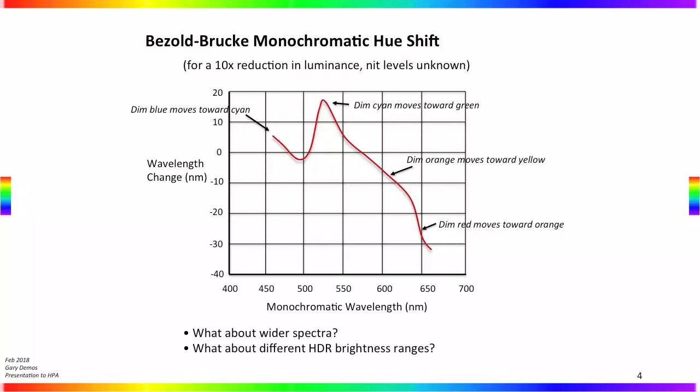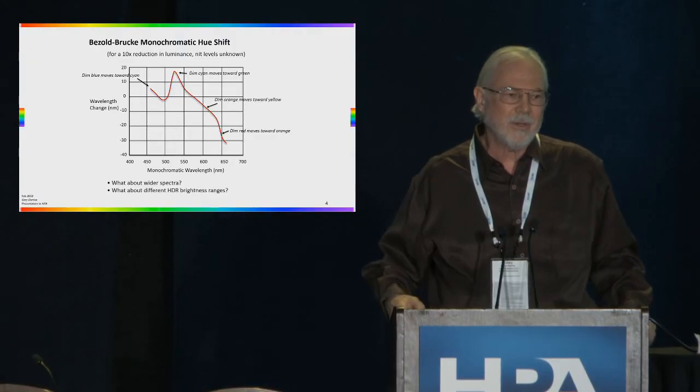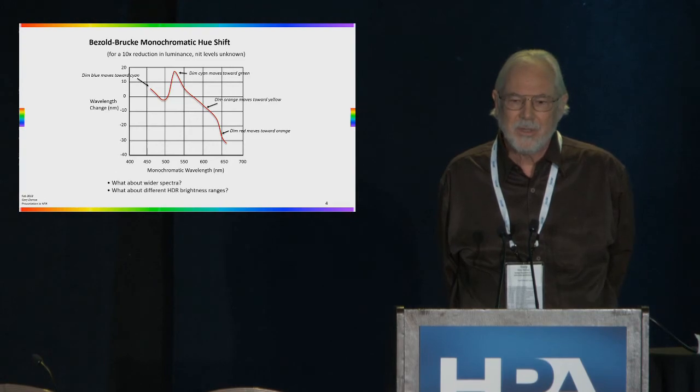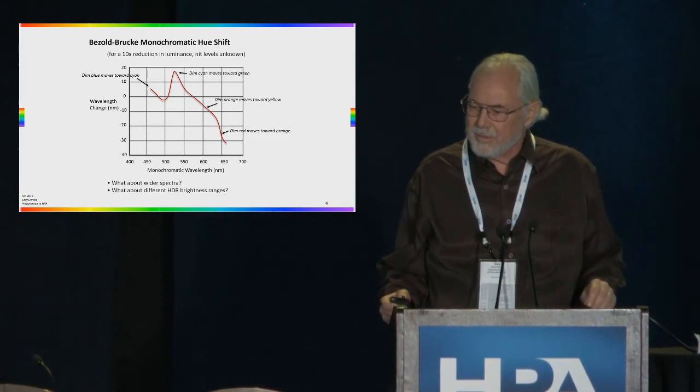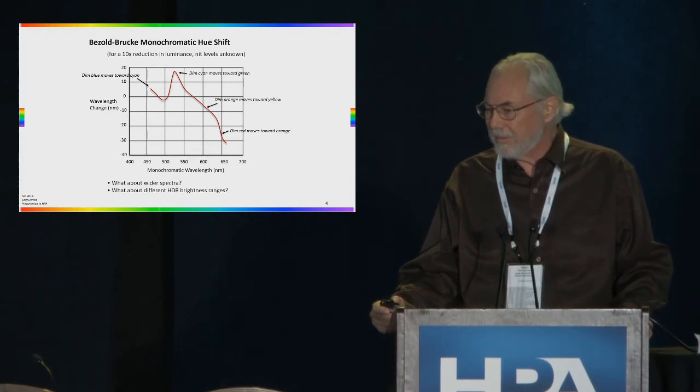So this particular data set says we can change plus about 15 nanometers and minus about a little over 30 across the spectrum by going brighter by a factor of 10. So it's actually quite an interesting phenomenon, and since we're now talking about 2020 primaries and laser primaries and going out into the spectrum locus, this work has now become relevant.